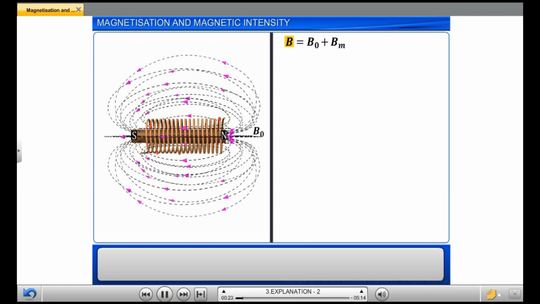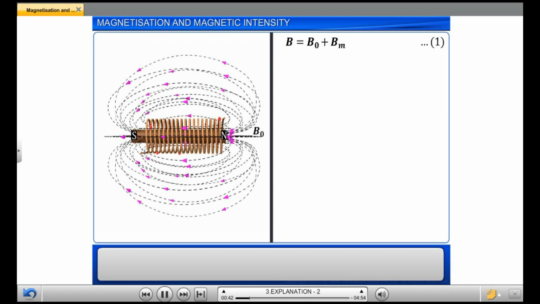where B is the total magnetic field inside the material, B0 is the magnetic field due to the current carrying solenoid, and Bm is the magnetic field due to the magnetization of the material. Let this be equation 1.